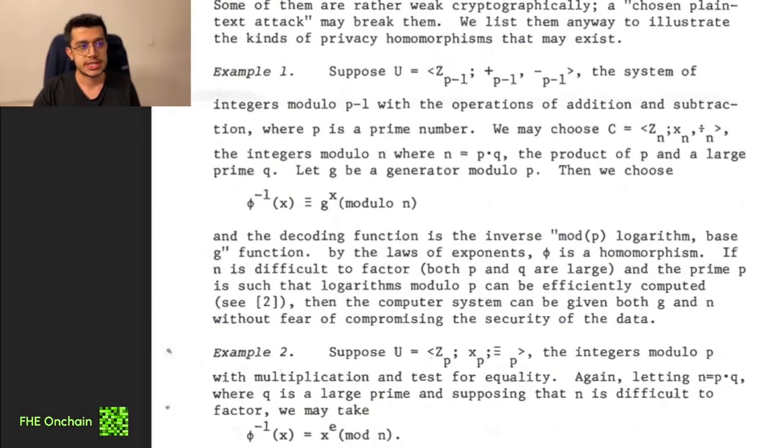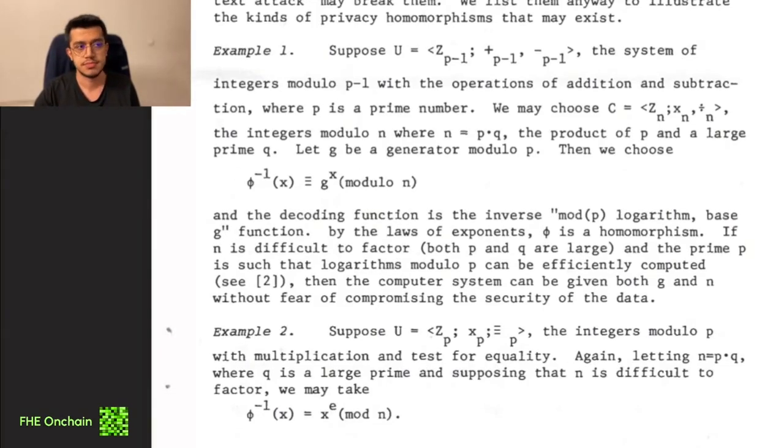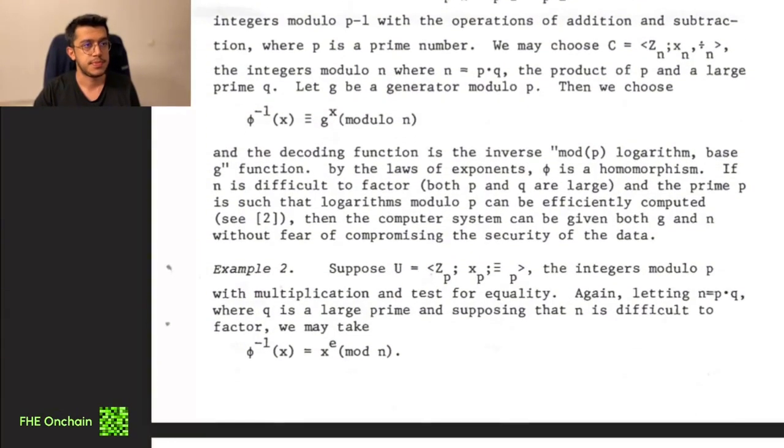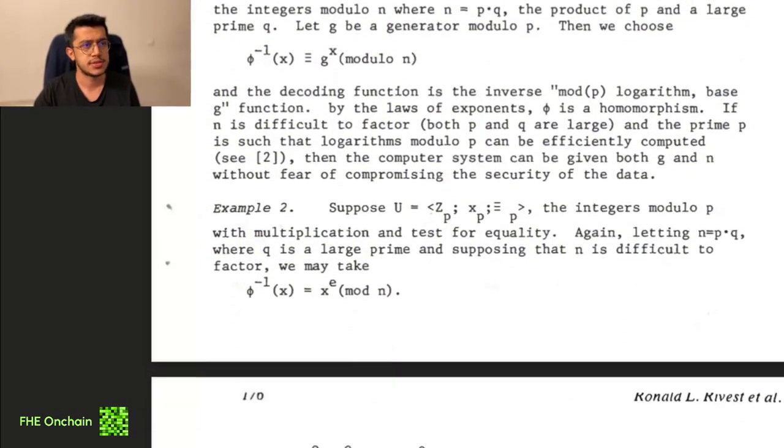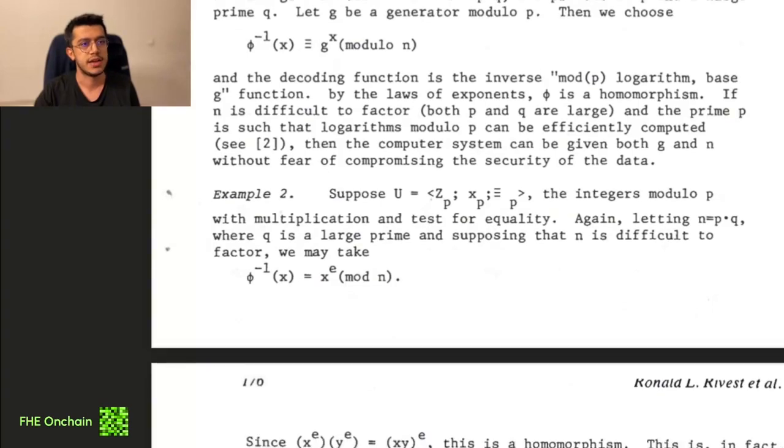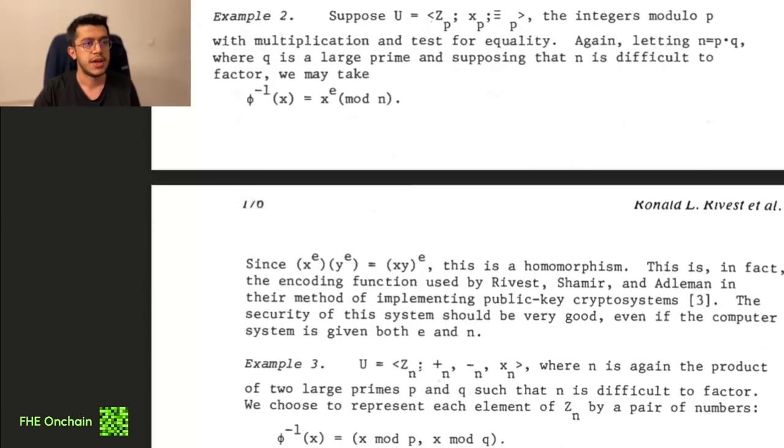You can easily check that by the laws of exponents, phi is a homomorphism. This was the main requirement, and this algorithm consistently applies.